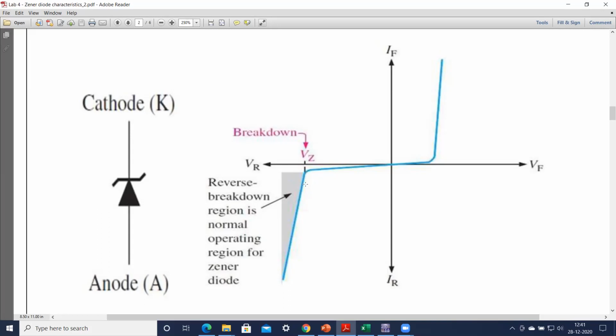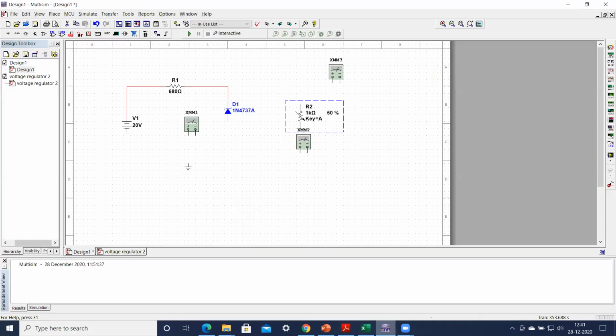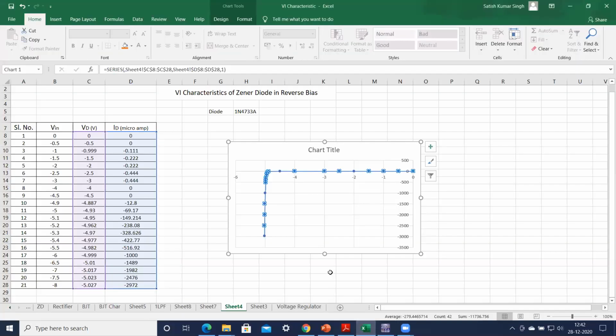You can try to get the VI characteristics of this particular Zener diode before starting your experiment. I have already obtained the reverse biased VI characteristics of a Zener diode. You can follow my previous video lectures, in which I have already obtained this VI characteristics for this particular diode 1N4733A.